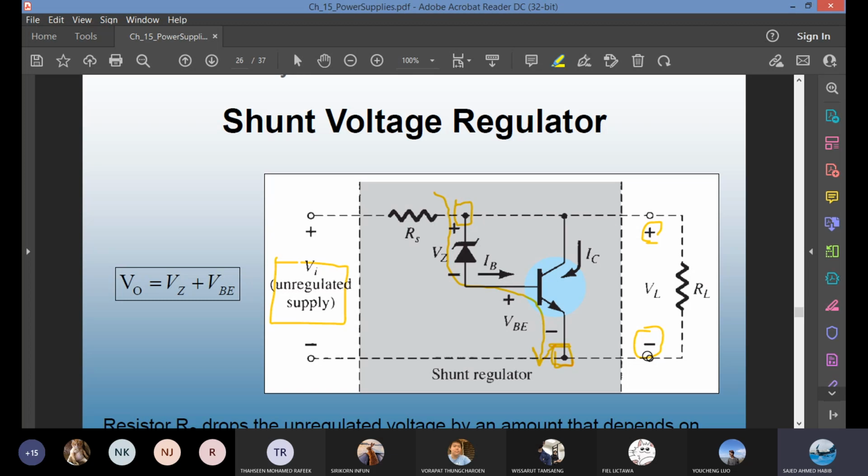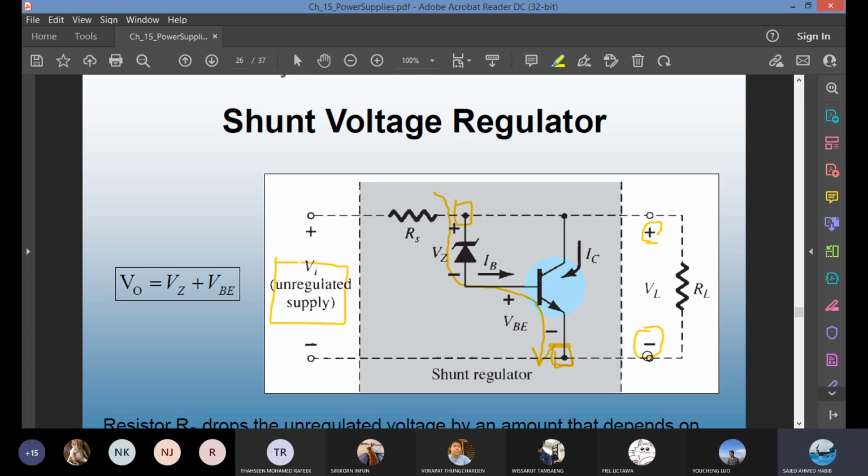Now, if RL goes down, VL will also go down. VL equals ILRL. If you look at that equation, if for some reason you have a disturbance in the load and the resistor value is going down, almost trying to create a short circuit, RL goes down, and from the equation VL goes down.